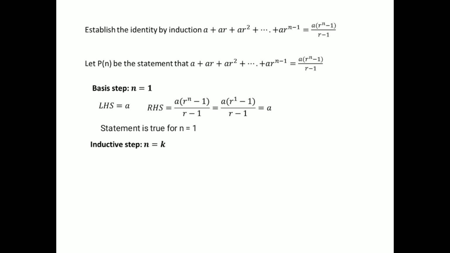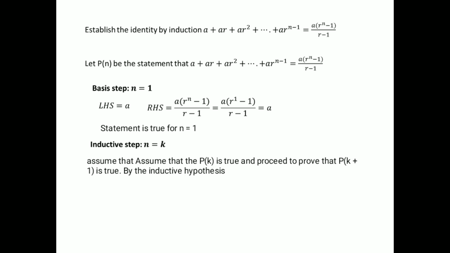Now we go with the inductive step, which means replacing all the n's with k. Just like we have here, assume that Pk is true and proceed to prove for Pk plus 1. We have this: a plus ar squared plus dot dot dot plus ar to the k minus 1 is equal to a into r to the power k minus 1 all over r minus 1.